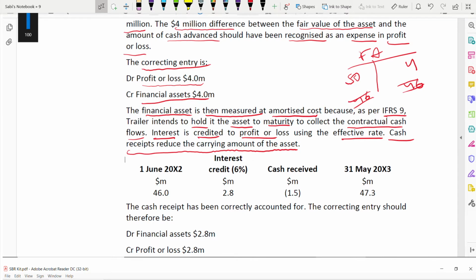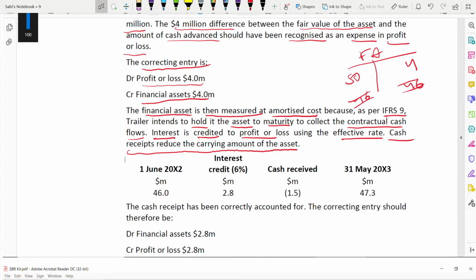So because of the cash receipt, what happens? What happens when you are receiving the cash? That interest you are receiving will reduce the carrying amount of the asset. What is the carrying amount of the asset? It was 46, right? Isn't it? So you can see in one place it is debiting, in the other place it is crediting. So debit and credit will increase and reduce the carrying amount of the asset.